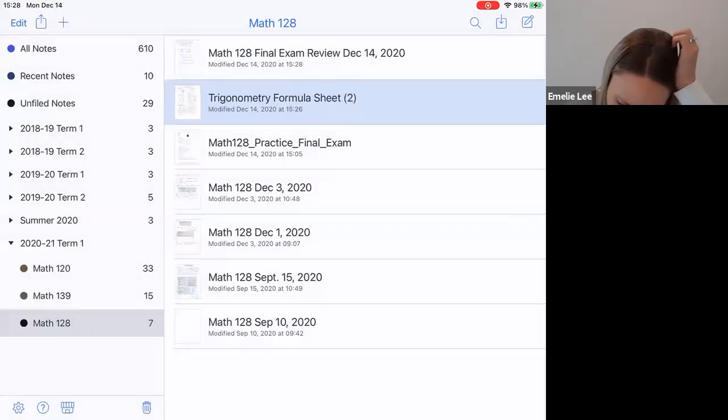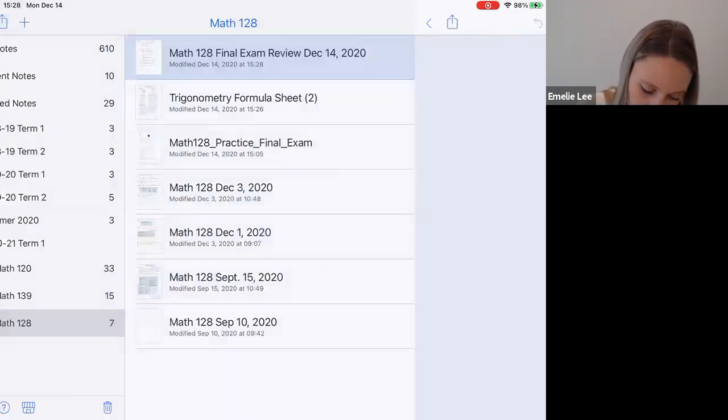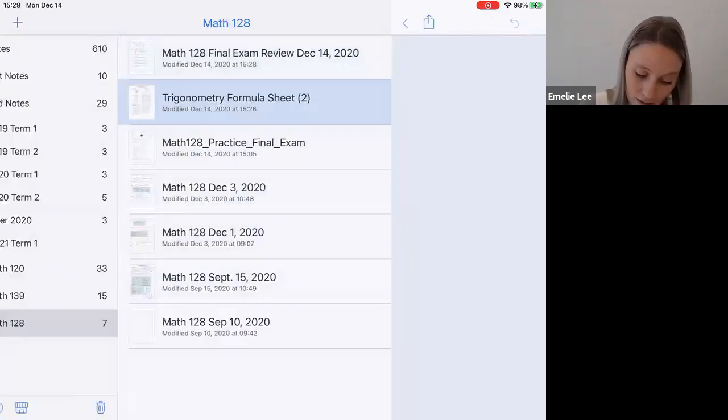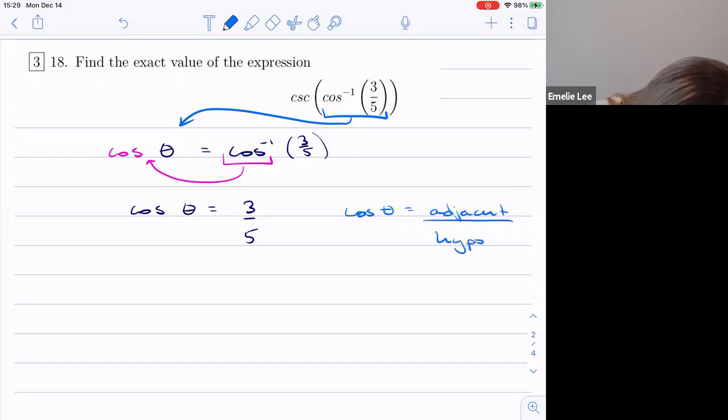So cosine, of course, is adjacent over hypotenuse. So what we know now is that the adjacent is 3 and the hypotenuse is 5. Okay. So cos theta is adjacent over hypotenuse.